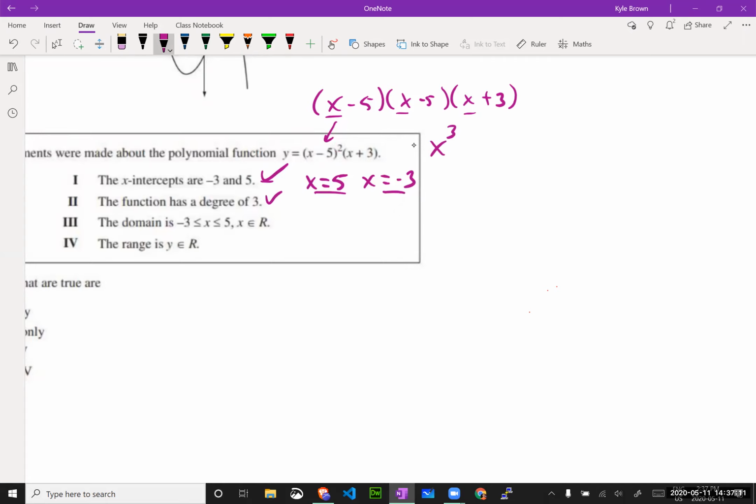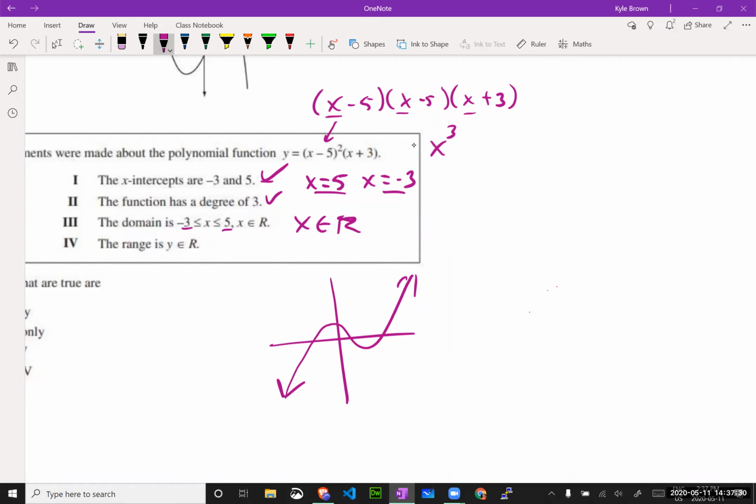Okay, the domain is between -3 and 5. I don't know about that one, because these things don't really work that way, right? This thing would be doing something like this. This would actually be just x as a member of the real numbers, right? This would be anything.